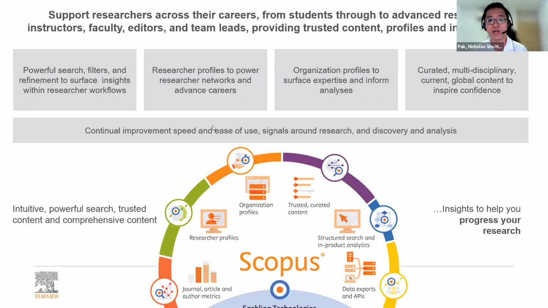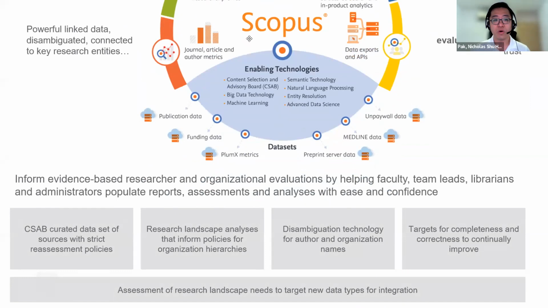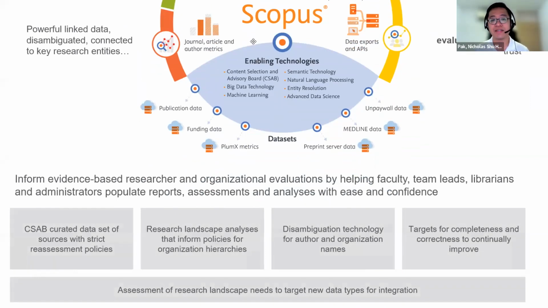What this does is that we are constantly improving the speed and the ease of use to showcase the signals around research, to showcase discovery and analysis. We are also able to inform evidence-based researcher and organizational evaluations by helping faculty members, team leads, and librarians to populate reports and assessments and to analyze them.